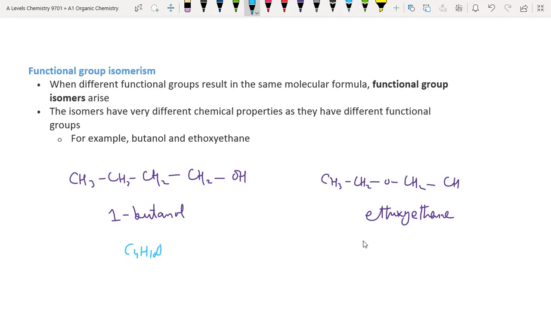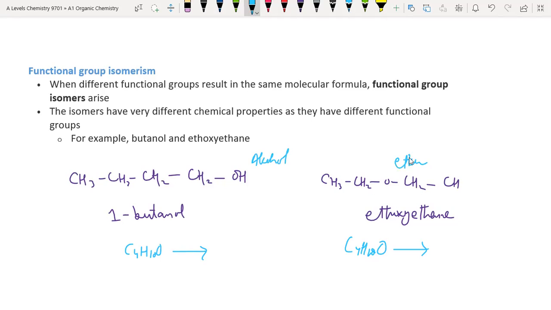Similarly, this is an ether compound, C4H10O, but we are unable to tell from the chemical formula that both belong to different classes of organic compounds. This compound is from the alcohol family. This compound is from the ether family.